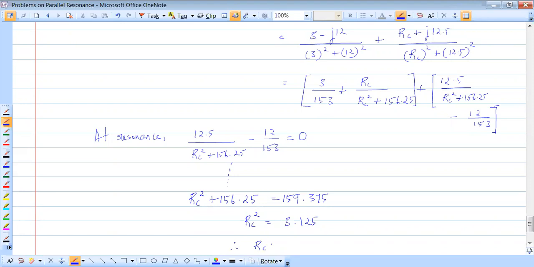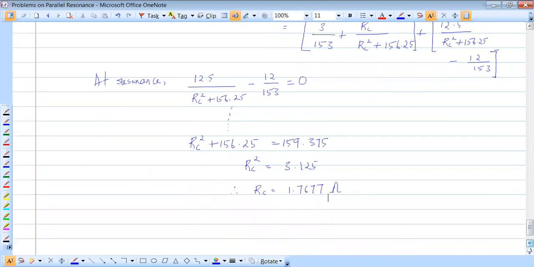Therefore RC is 1.7677. So why not two values of R, you can ask me. R here, you should have plus or minus this, right? But we go with plus this because there will not be minus R. Okay, so this is what our RC would be.